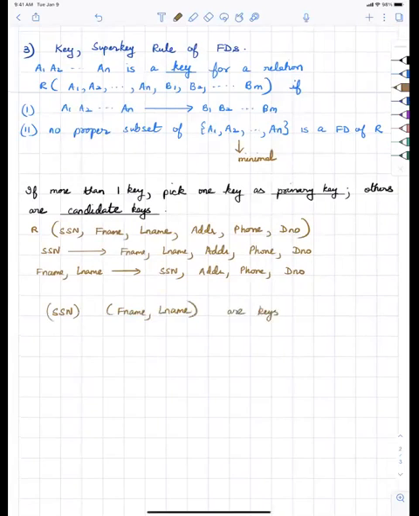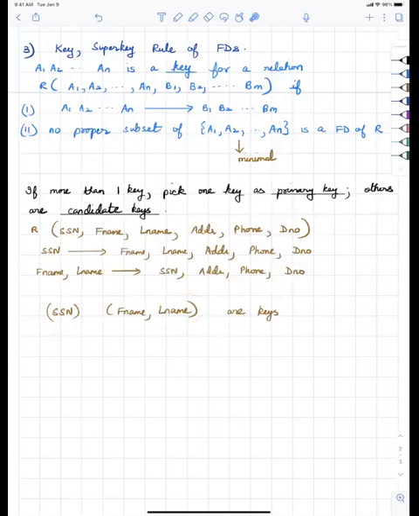And they are minimal because first name by itself does not functionally determine everything else, nor does last name by itself functionally determine. So these are both minimal sets. So then it's up to you which one to pick as a primary key, and the other keys are all candidate keys.